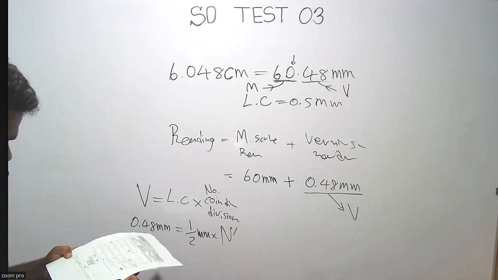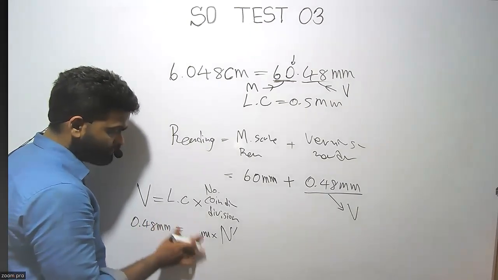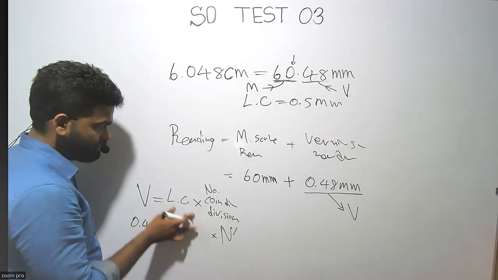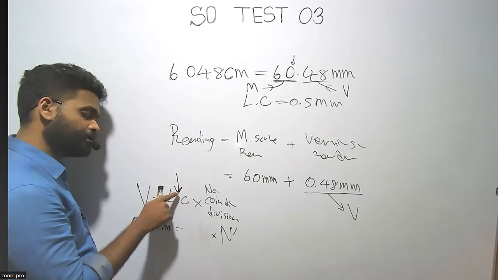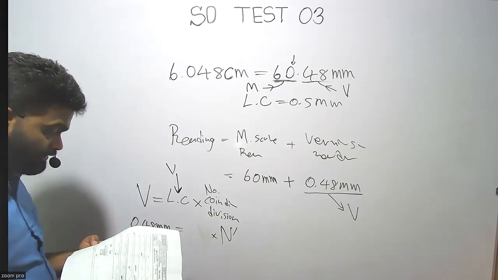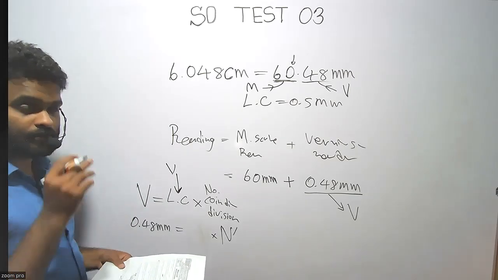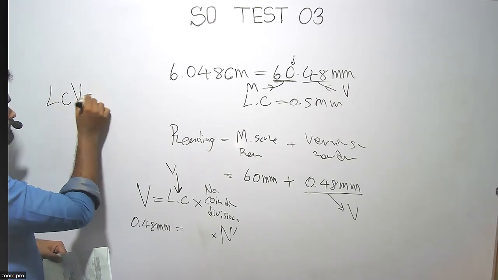The 0.5 millimeter is in the main scale, right? So you don't know the least count yet. You need to substitute not the least count of the main scale, you need to substitute the least count of the vernier scale, right? So they have given values to find the least count of the vernier scale. How do we find that? LC of vernier scale.